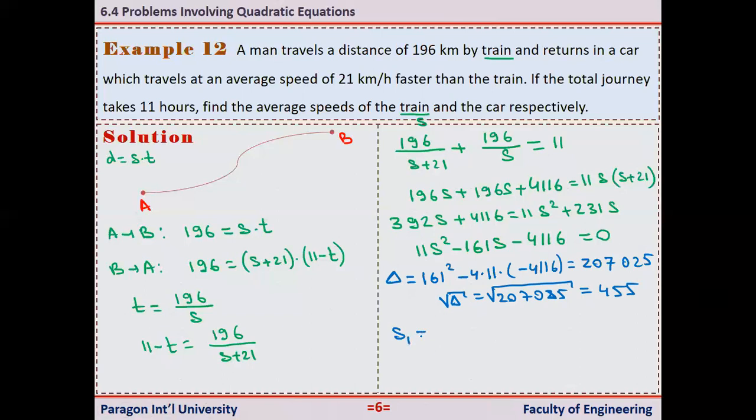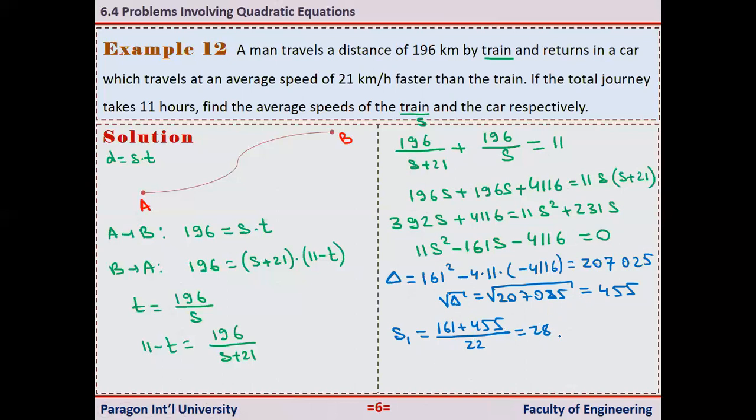So S1 is equal to minus b, 161 plus 455 square root of delta, over 2 times a, that is 22. That's 161 plus 455 divided by 22, which is equal to 28.